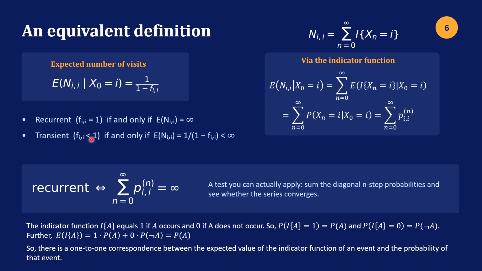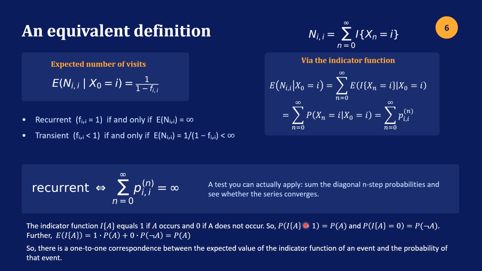Now, the other way of computing the expected value is based on this definition of n sub i using the indicator function. I just want to highlight the indicator function I of A, for any event A: it equals 1 if A occurs and 0 if A does not occur.